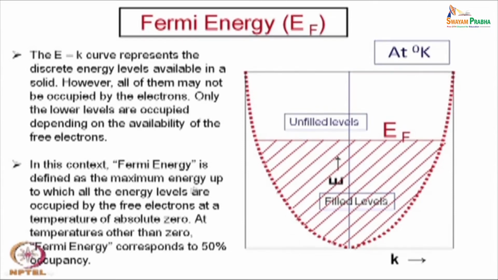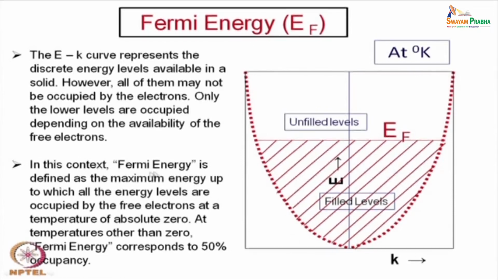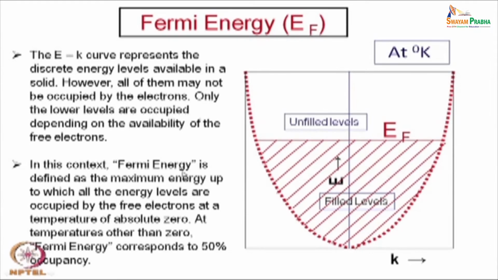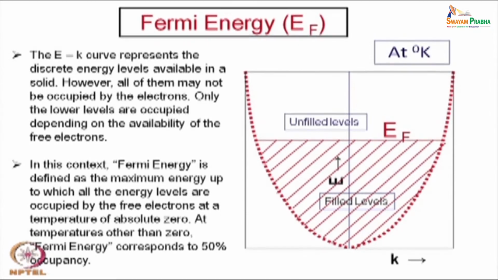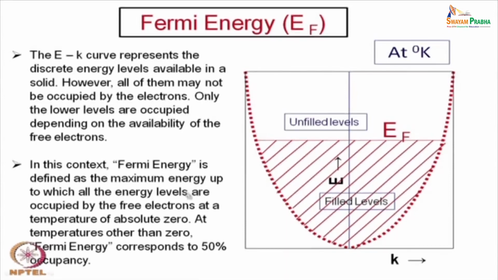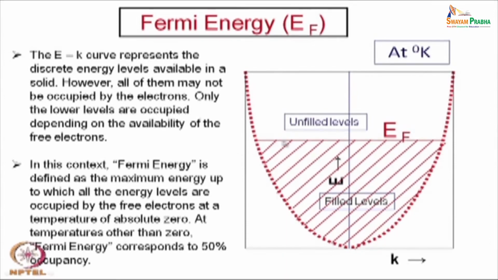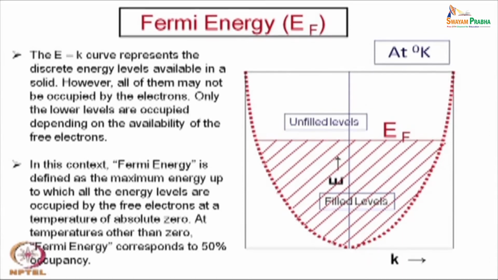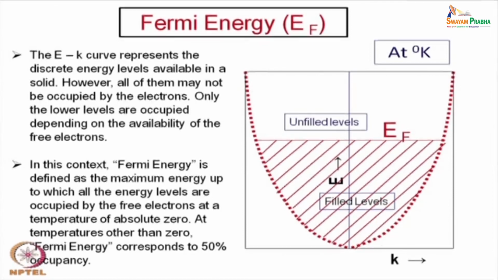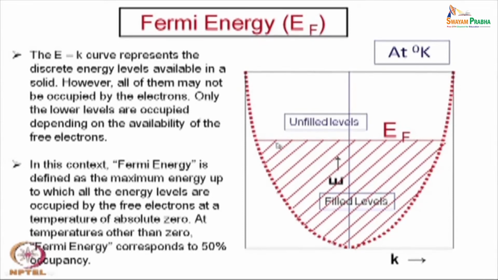What we are defining as the Fermi energy level is only for absolute 0. At absolute 0, the maximum energy level up to which the energy states are filled up by the electrons is what we call the Fermi energy, and it has a very important connotation, as we will see later.